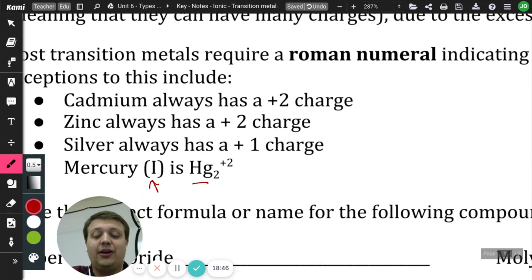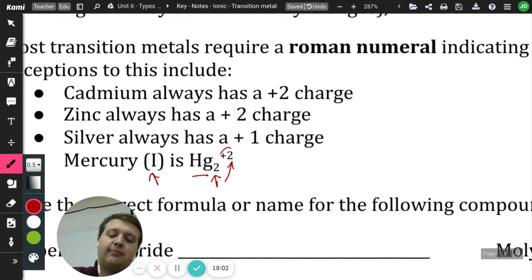So mercury 1, there are 2 of them, so combined they give us a +2 charge. Okay, so that's something that you are going to have to remember is that mercury 1 is actually 2 mercuries with a +1 charge, which means they're going to have a combined charge of 2.